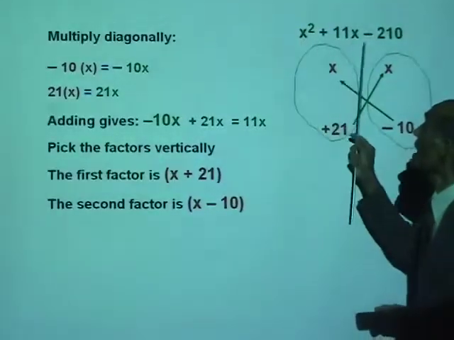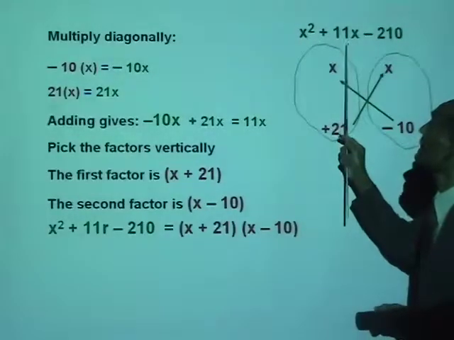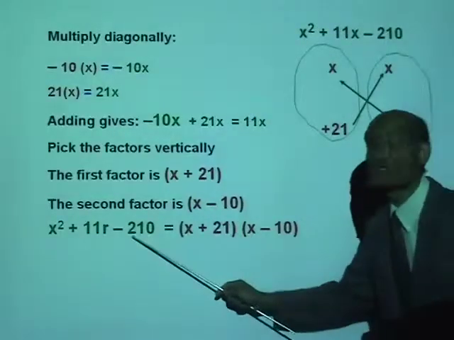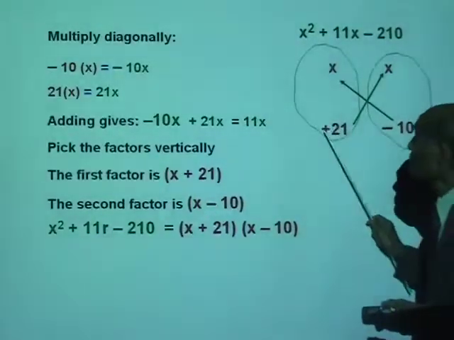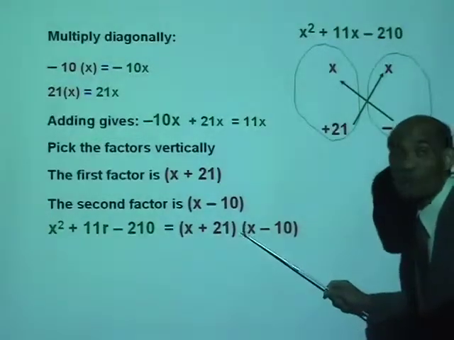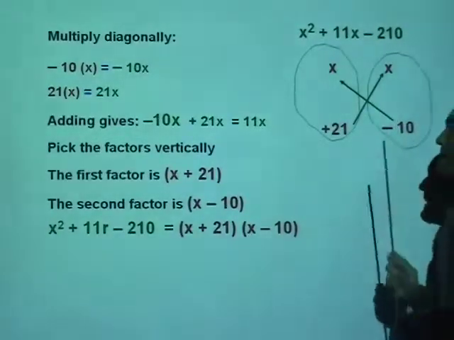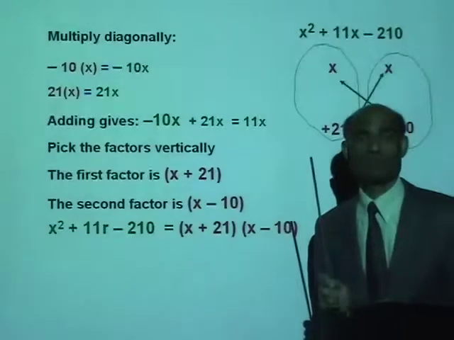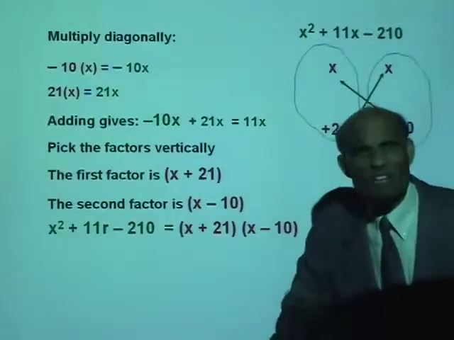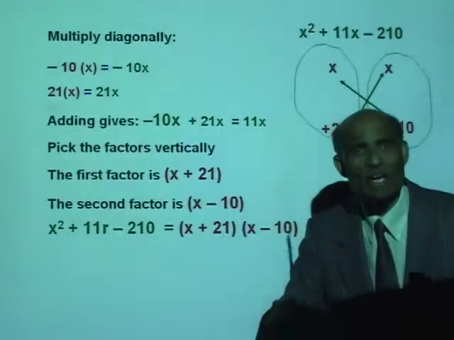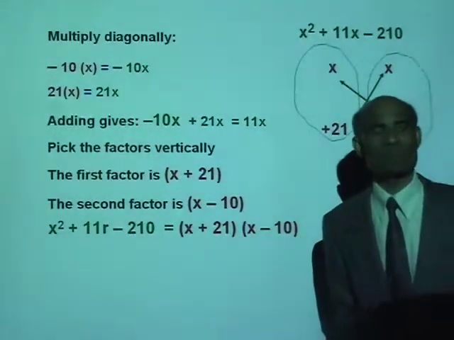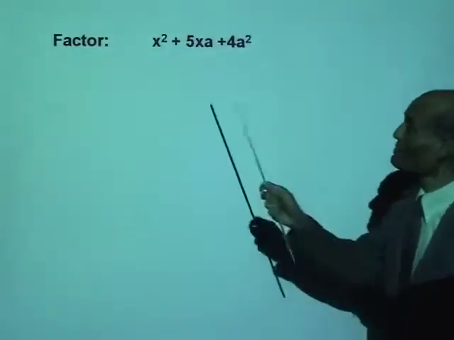Therefore, this trinomial x squared plus 11x minus 210 is factored as x plus 21 multiplied by x minus 10. I'm sure you now like factoring trinomials, don't you? It's a very interesting way of factoring trinomials. All right, let's do this now.